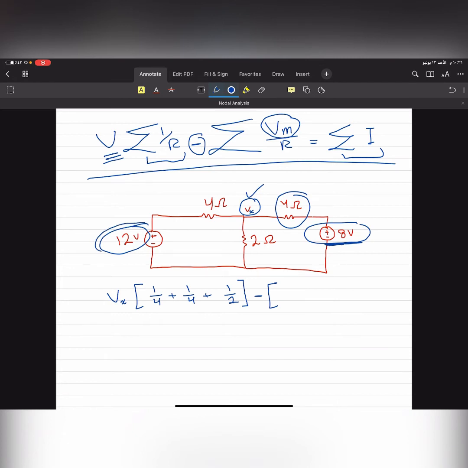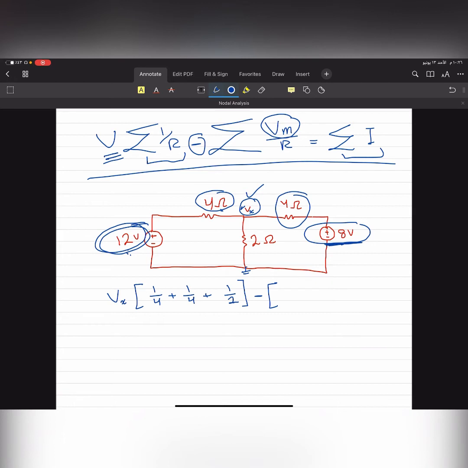And this one actually is 0, so I don't have to write 0 over 2, because 0 over 2 will be 0. So if it is a ground, like in this case, just skip it to save your time.